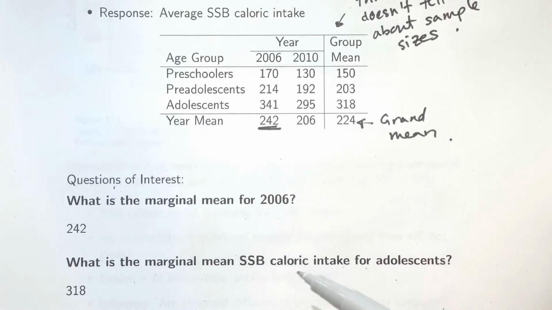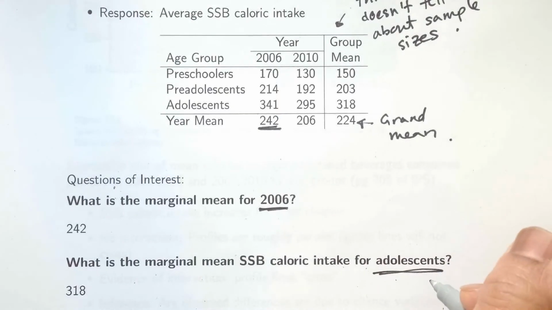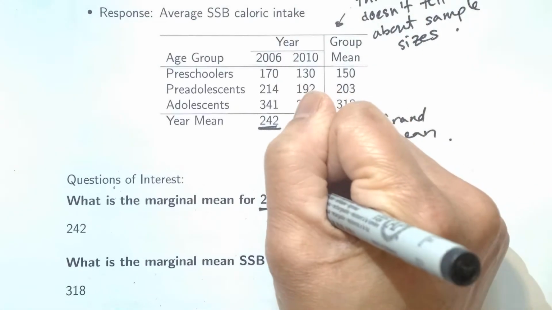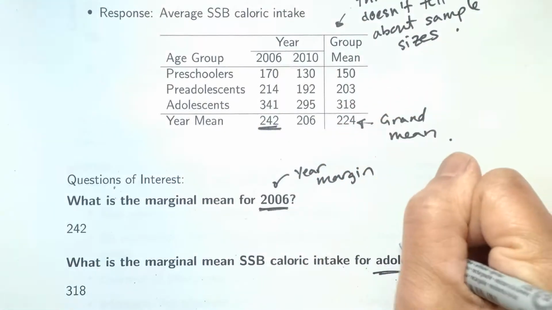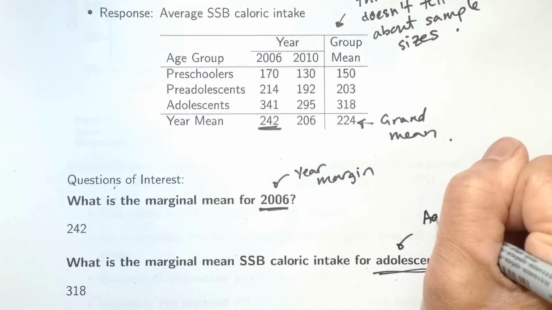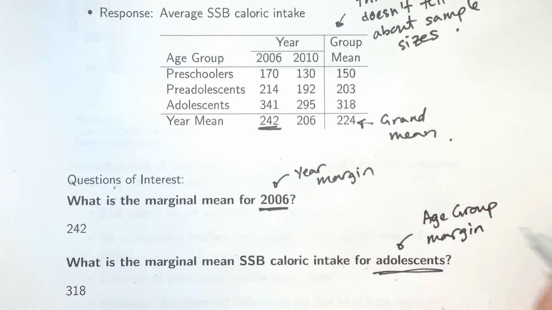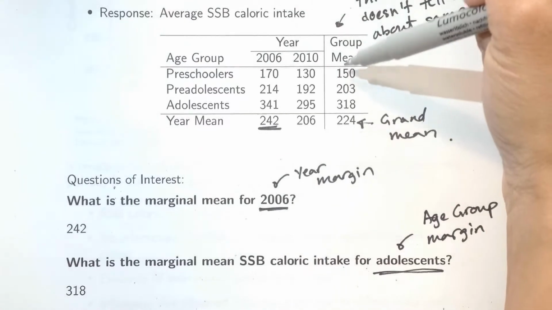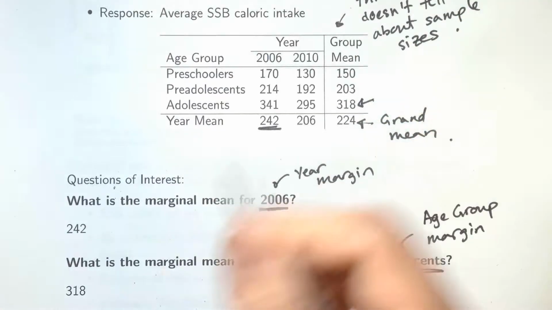Again, this is for year, and this is for age group. So that's the year margin, and this is the age group margin. So the age group margin is here, and we see for adolescents, it's 318.